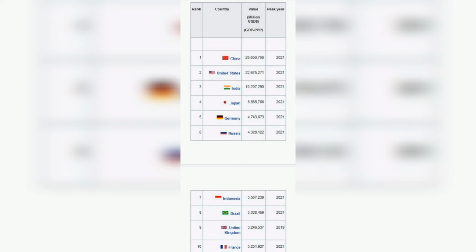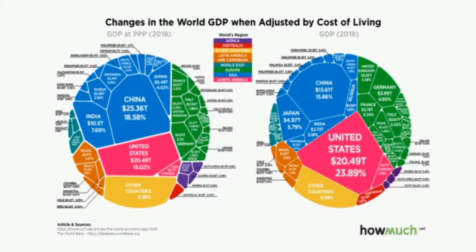And then on 10th number, there is France with $3.2 trillion. So that is a chart of top 10 countries considering purchasing power parity GDP. In this picture, you can see a comparison of nominal GDP and purchasing power parity GDP, showing how much every country of the world contributes to world GDP.